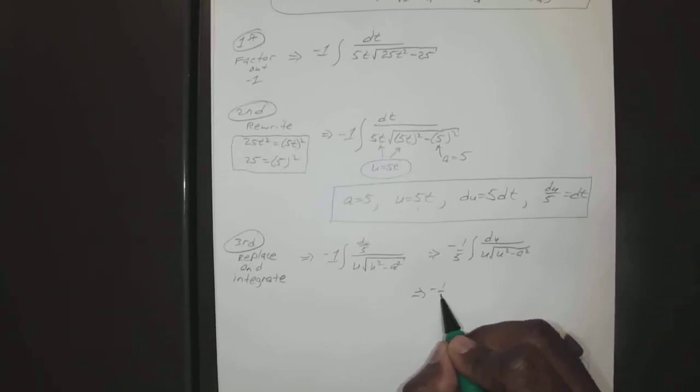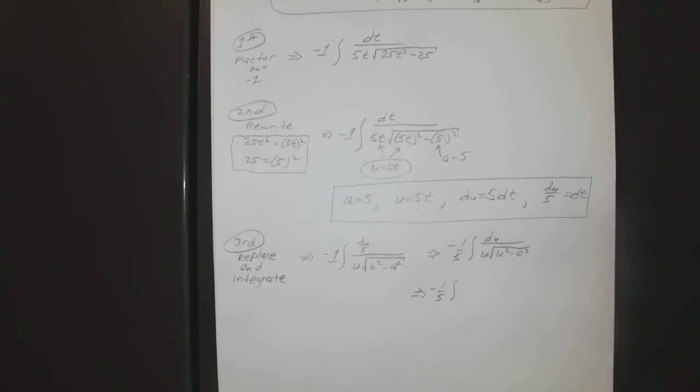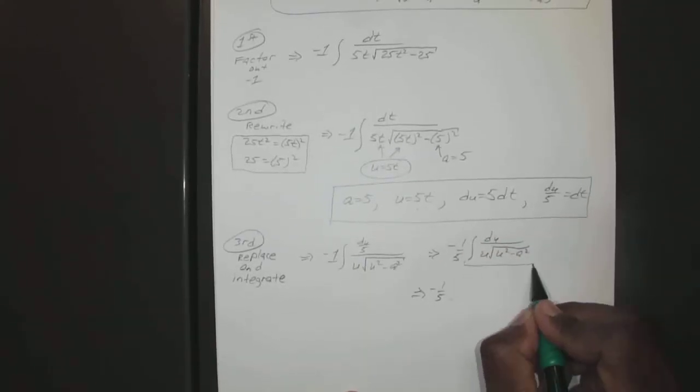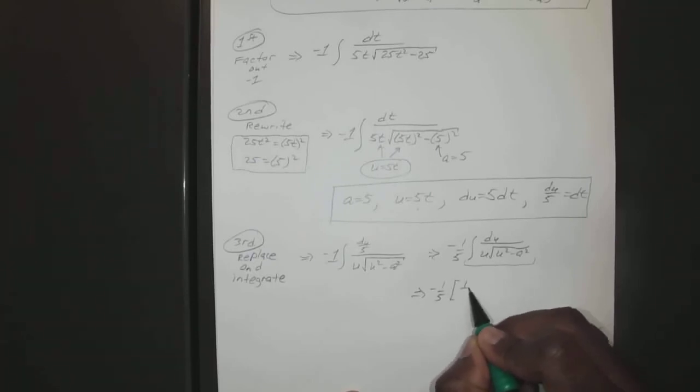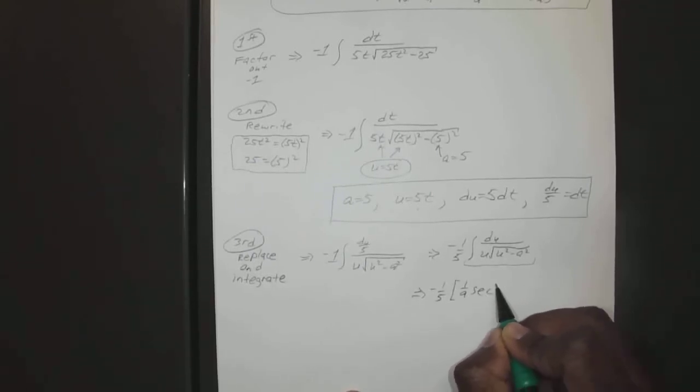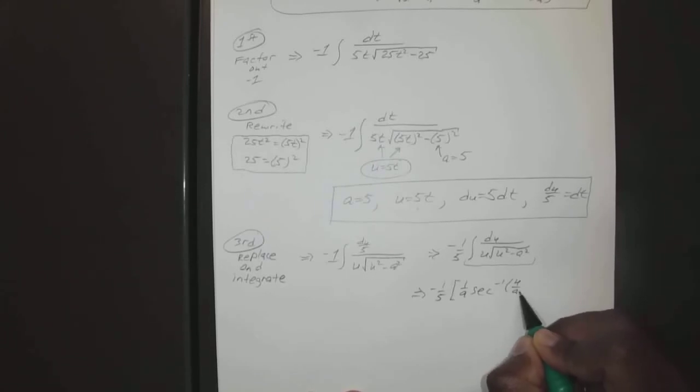which is just -1/5 times the integral, not the integral, times 1 over a, because that is just 1 over a secant inverse of u over a plus c.